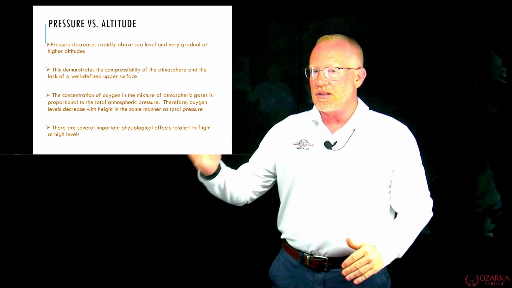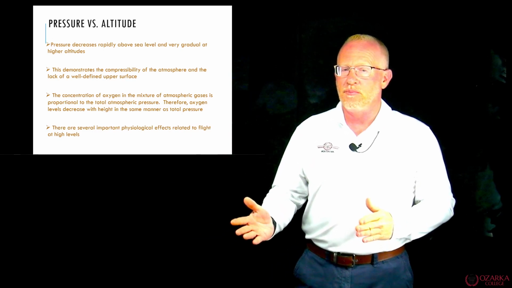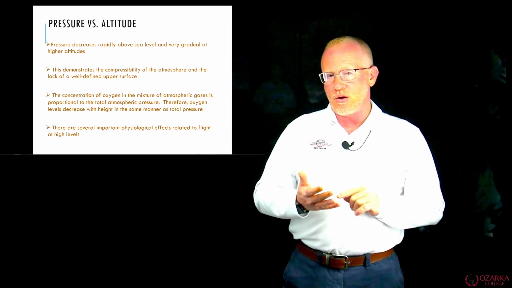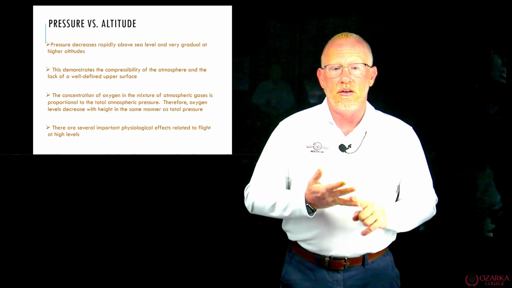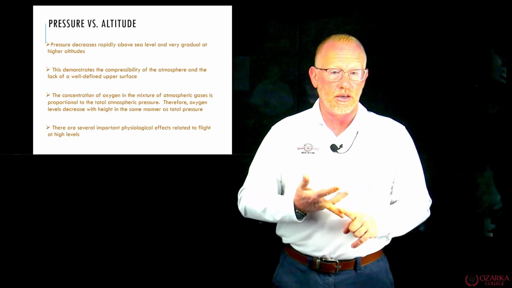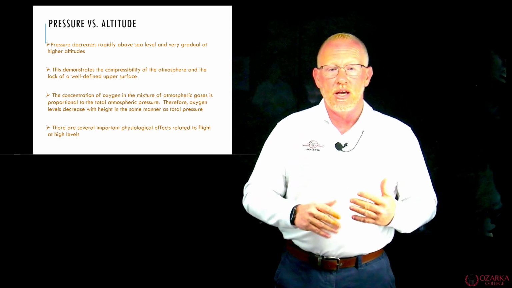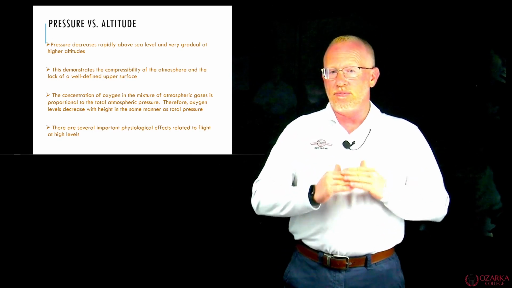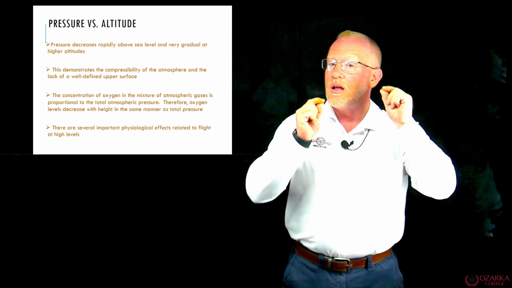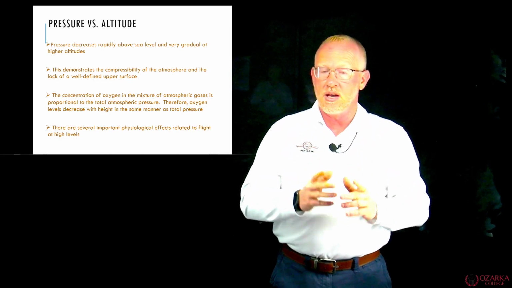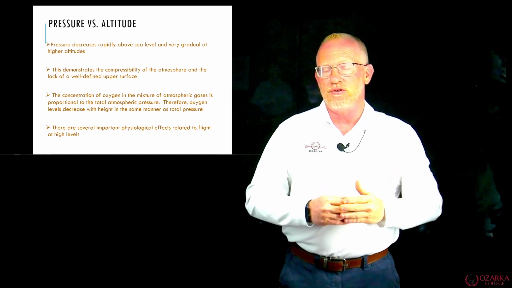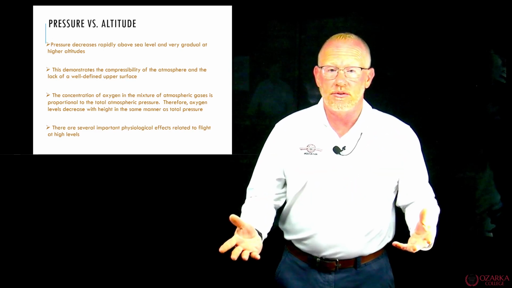If we look back at the beginning of the presentation, we know that our atmosphere is composed of 78% nitrogen, 21% oxygen, and 1% other gases or trace gases. So that amount of oxygen is the same from the surface up. The difference, however, is the pressure. As we rise throughout the atmosphere, the pressure's less.